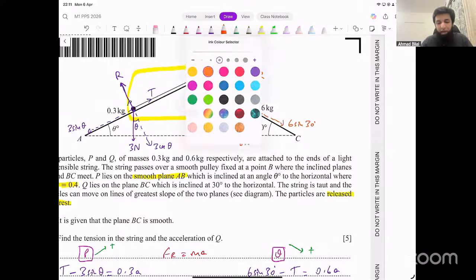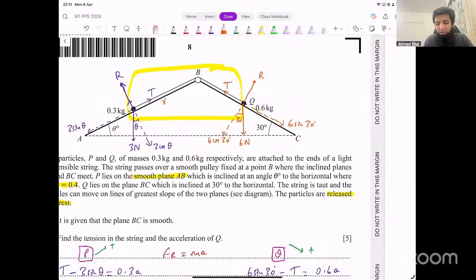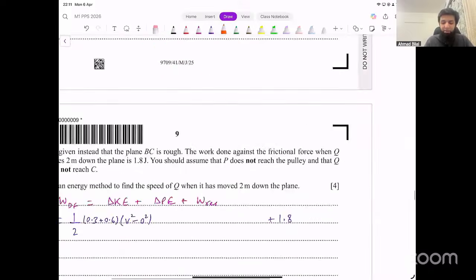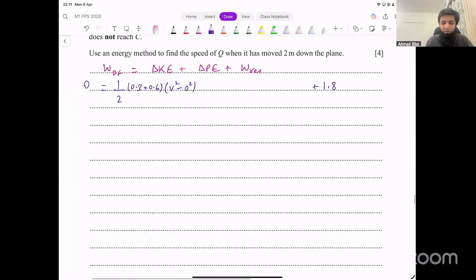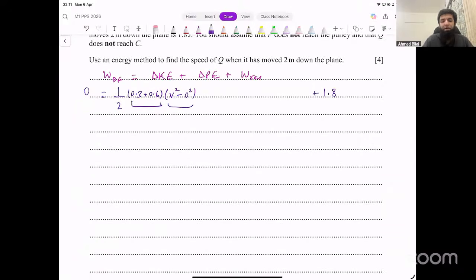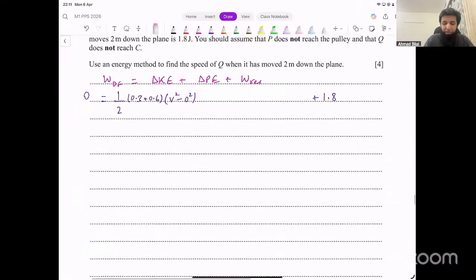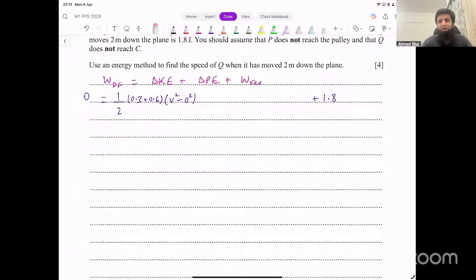If one is moving at V, the other is also moving at V. So the total change in kinetic energy in the system is going to be half into the sum of their masses into V squared minus 0 squared. Now, as I said, you could do it together like this or separately. Both of them will be fine.